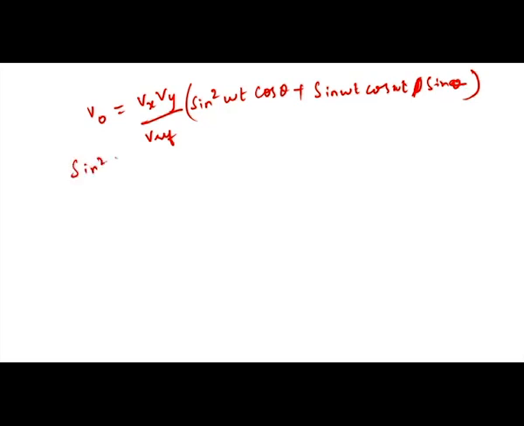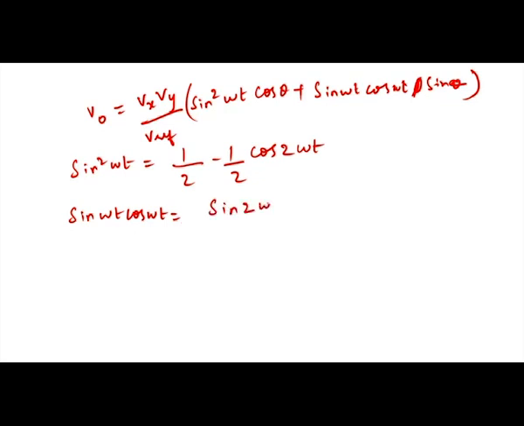This sin squared omega t can be written using a trigonometric formula as 1 by 2 minus cos 2 omega t by 2, and also this sin omega t cos omega t is written as sin 2 omega t by 2.